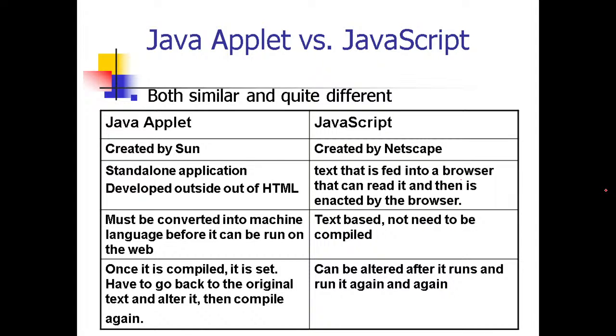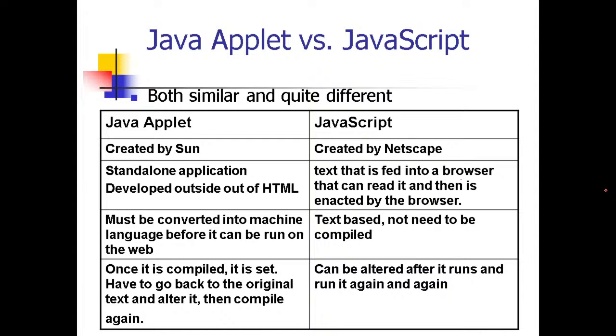Netscape Navigator is a browser name, Netscape is a company name, and Sun Microsystems is another company that developed Java, and also Java applet, because Java applet is a part of the Java programming language.